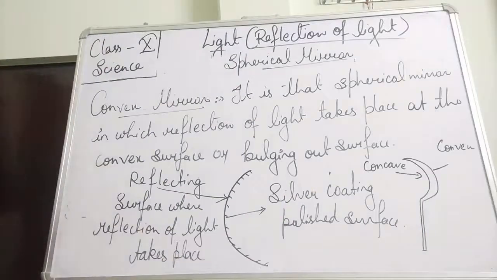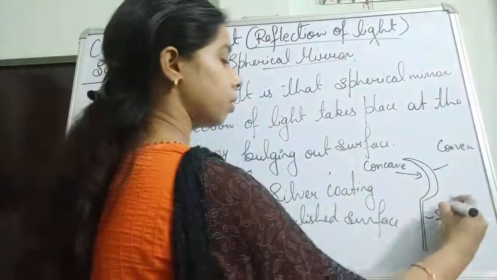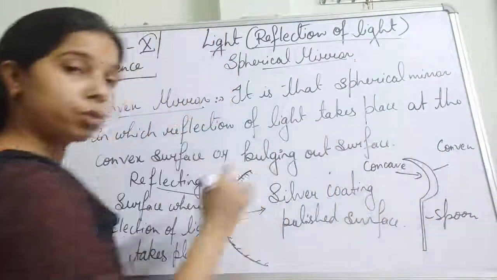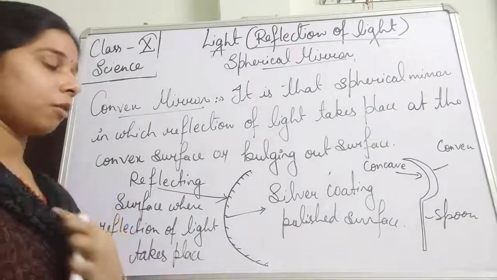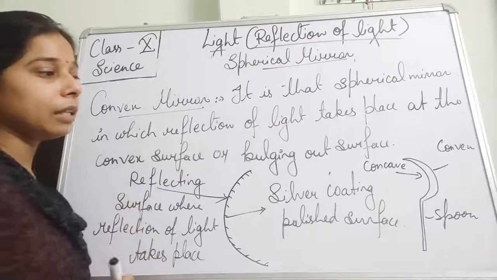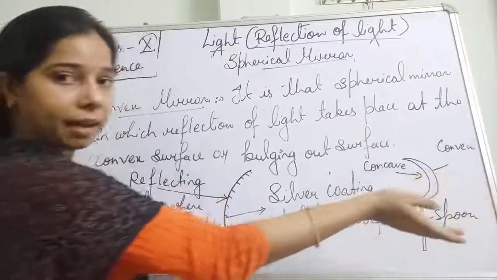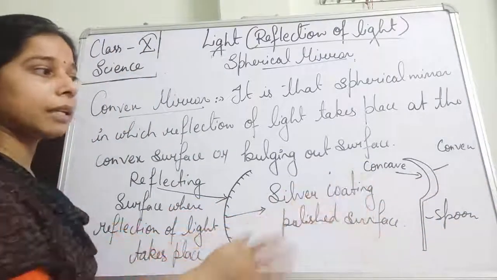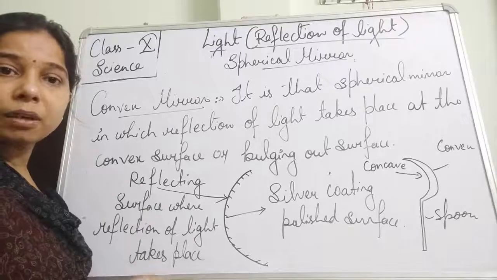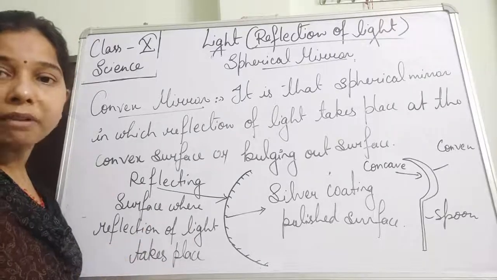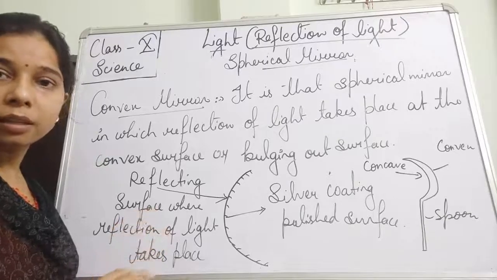So in the spoon, you will get both surfaces. I hope you have understood what a concave mirror and a convex mirror are. Only the difference here is that the surface is polished at the back side. So we have taken an example in which we can show both of them, the concave mirror as well as the convex mirror. These are the spherical mirrors.